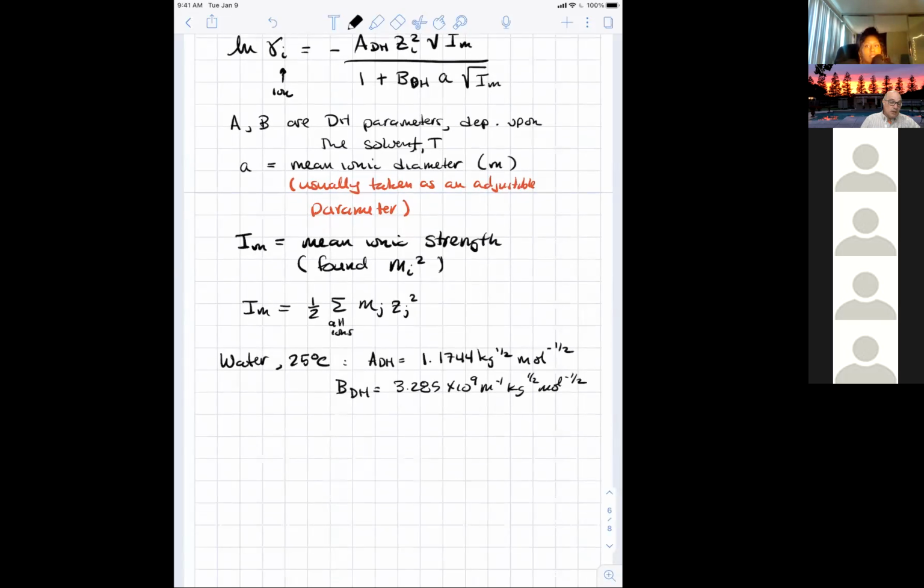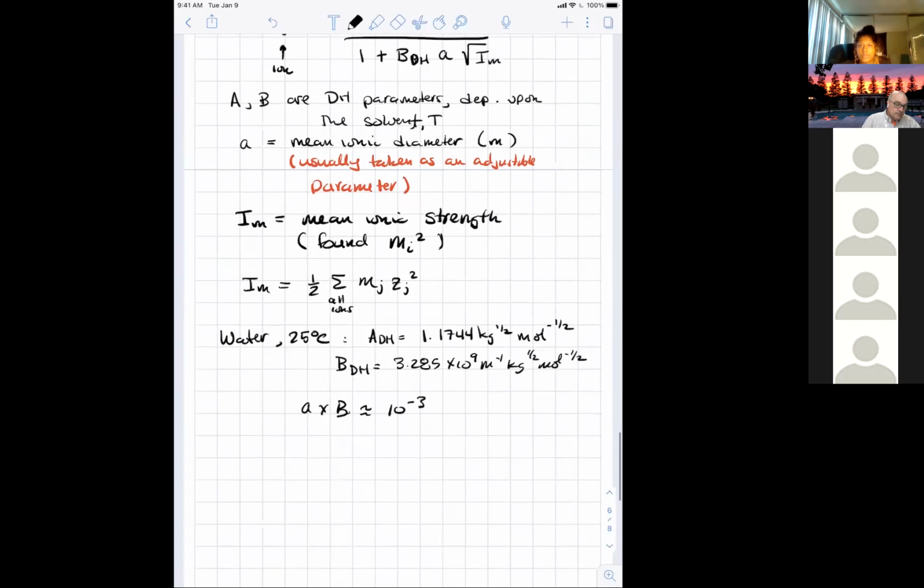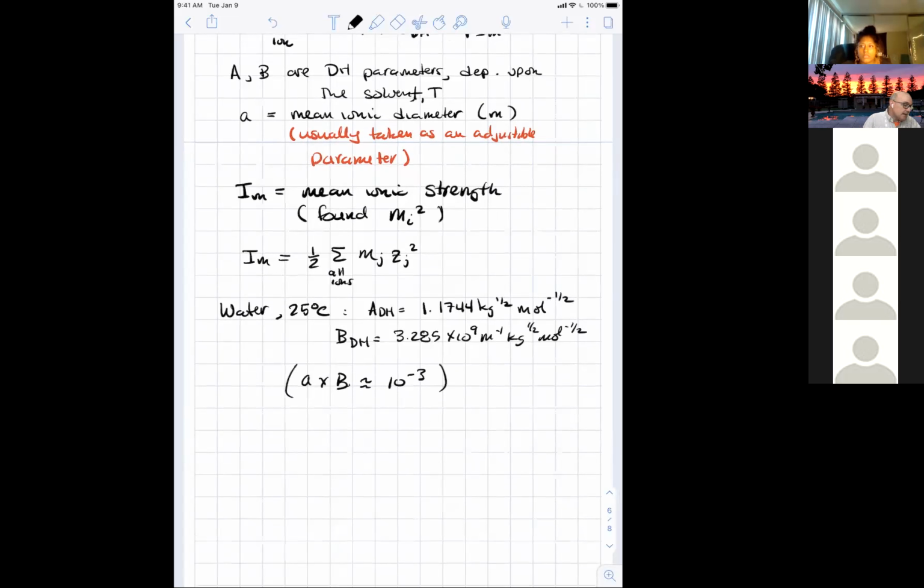B is 10 to the 9, A is a diameter in meters, and if it's picometers, that's like 10 to the minus 12. So already A times B is on the order of 10 to the minus 3. That's actually not as big a denominator as we think.